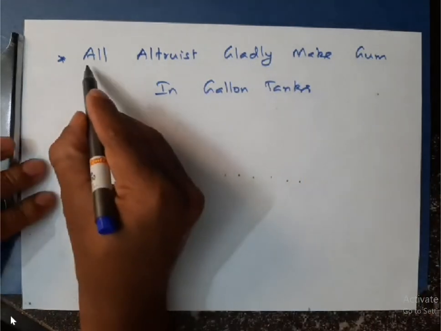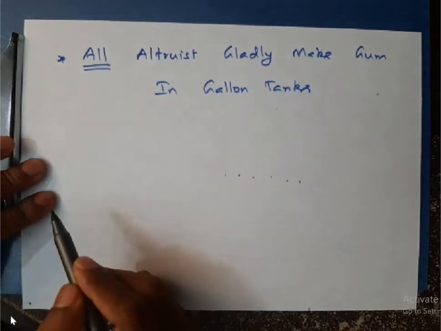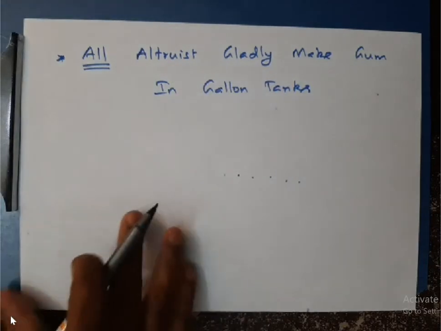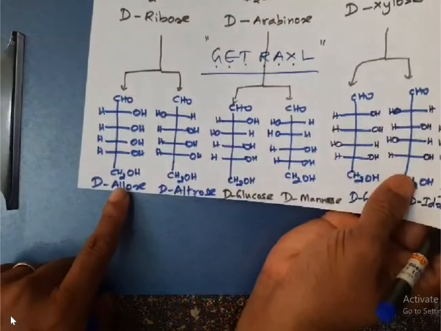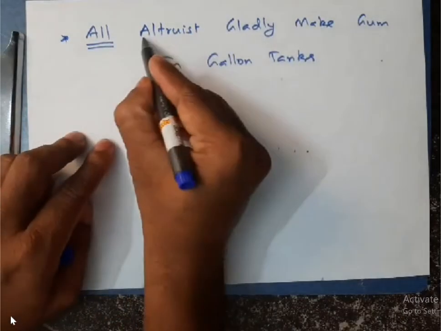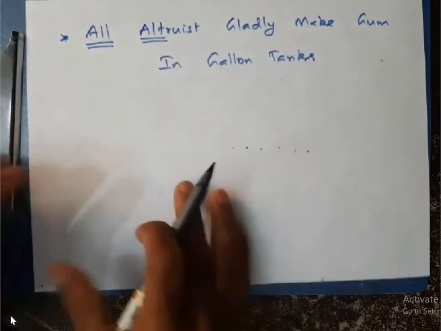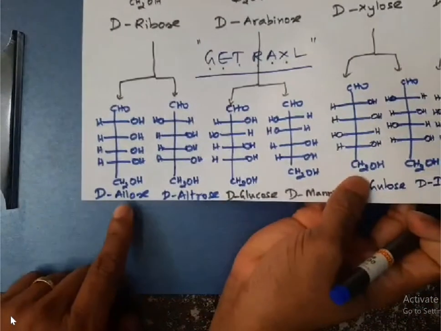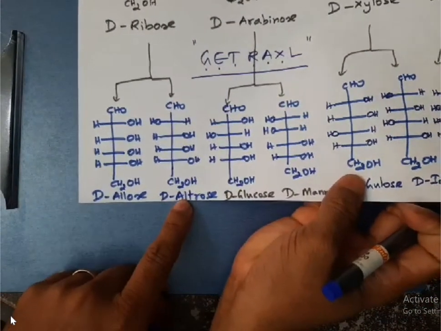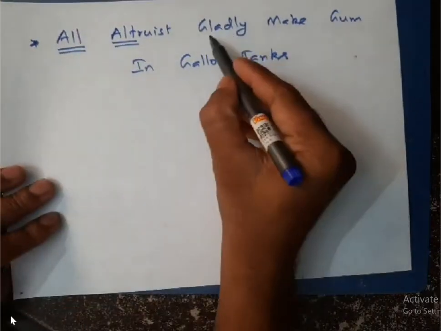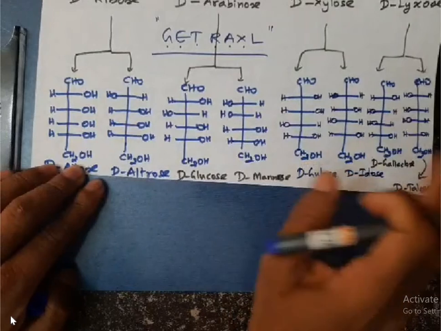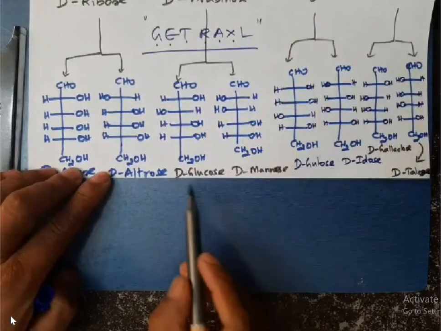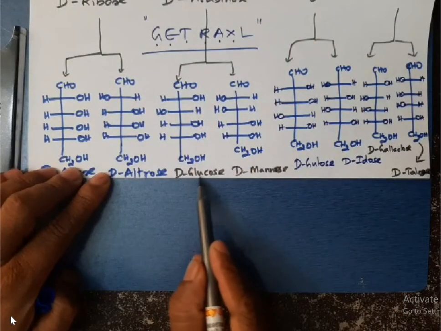What is meant by that? All means allose, the first compound. Altruist, alt means altrose. Then gladly, GL. You take the 2 letters, GL. GL means glucose, third one.